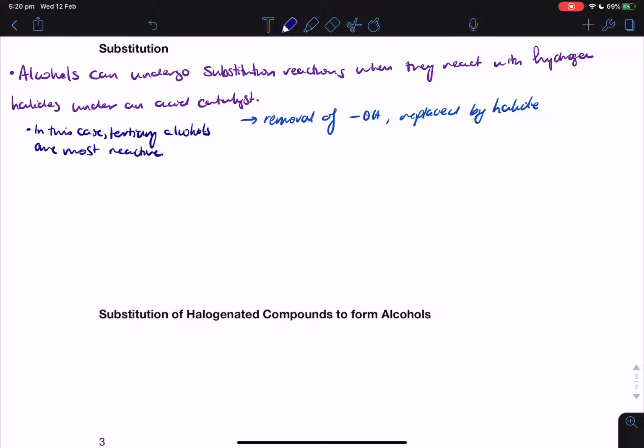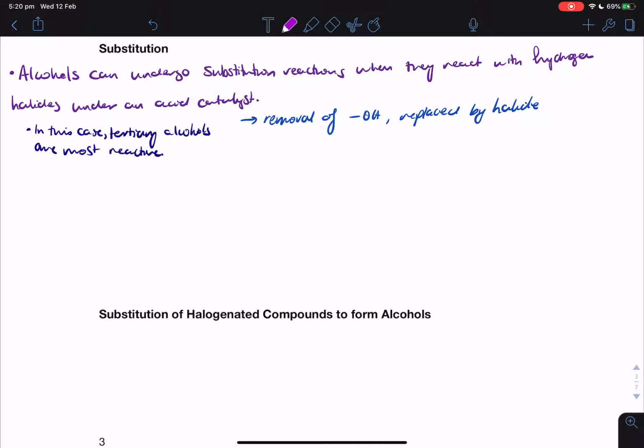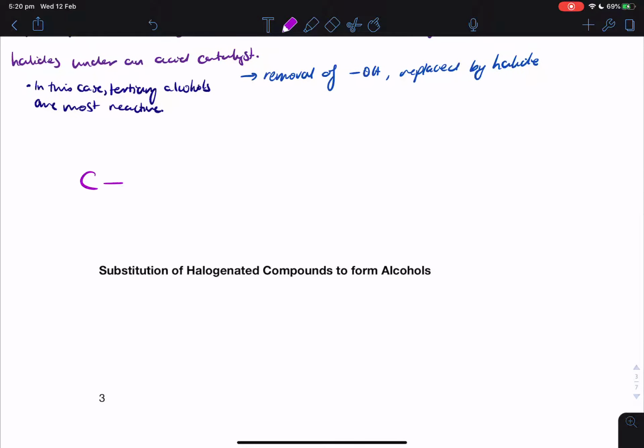So let's draw an equation and see what happens in a substitution reaction. So let's say we have propanol. This is a secondary alcohol. If you've forgotten how we find out, we look at the carbon connected to the hydroxyl, and that's connected to 2 other carbons, so that means it's a secondary alcohol.